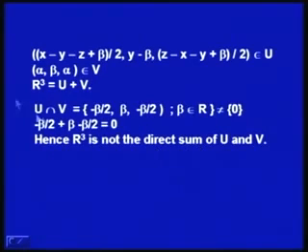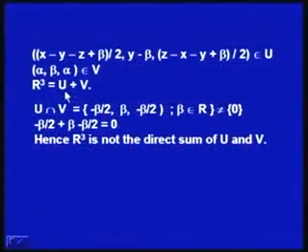So, this vector (x minus y minus z plus beta by 2, y minus beta, z minus x minus y plus beta by 2) belongs to U, and (alpha, beta, alpha) belongs to V. Then R cube can be written as U plus V. So, R cube is the sum of U plus V, but it is not a direct sum.